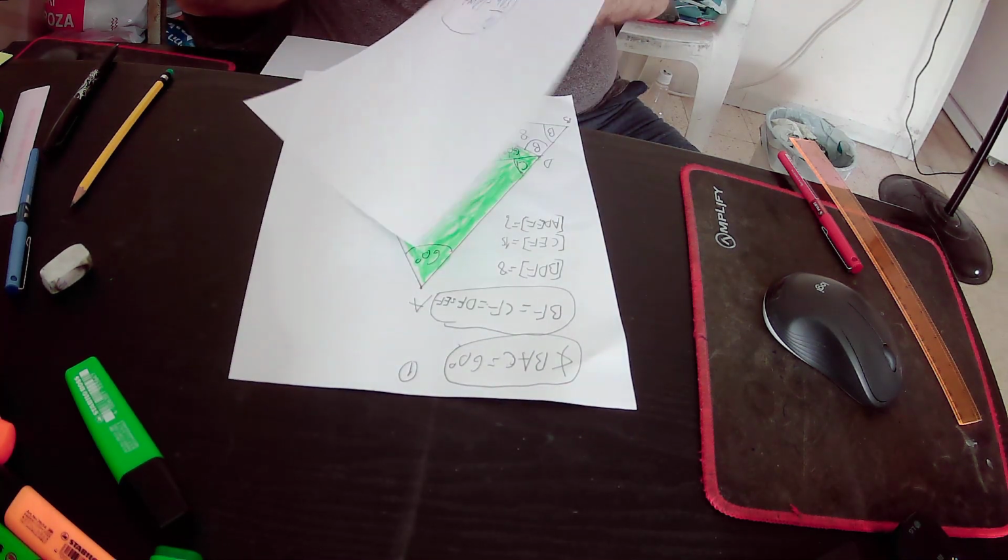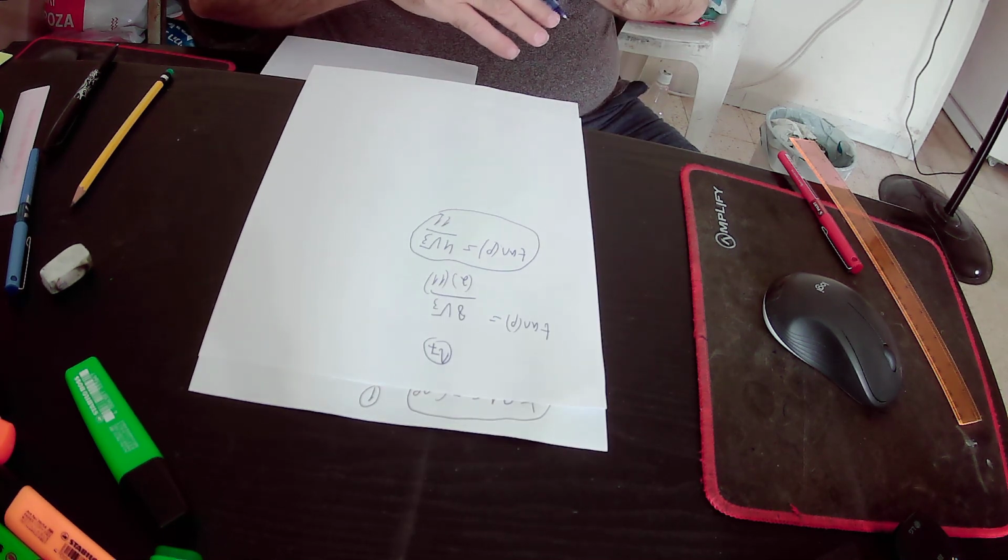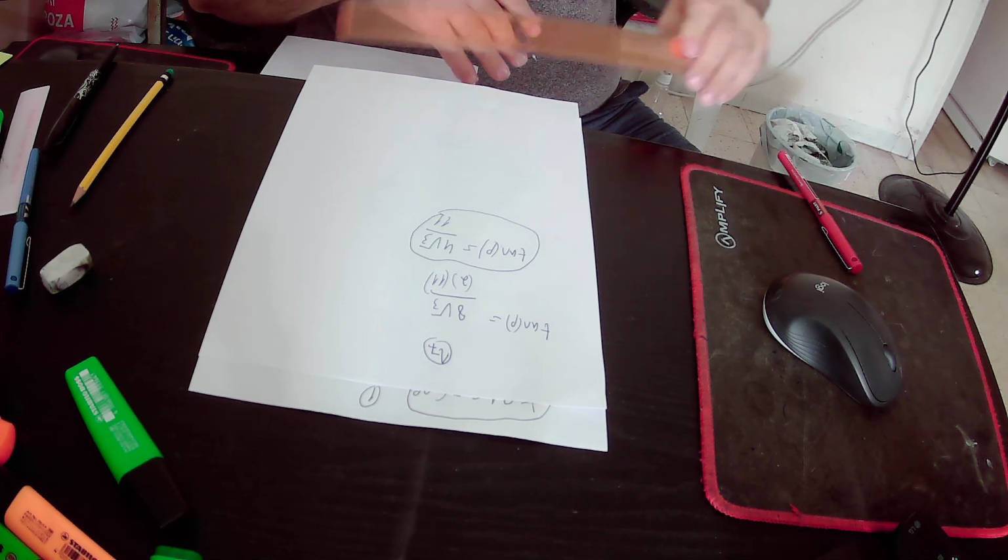As you already know, tangent is the relationship between the sides in a right triangle.